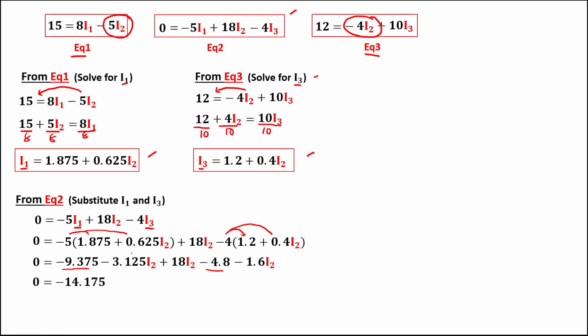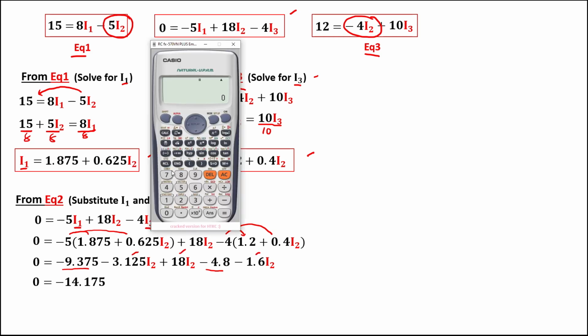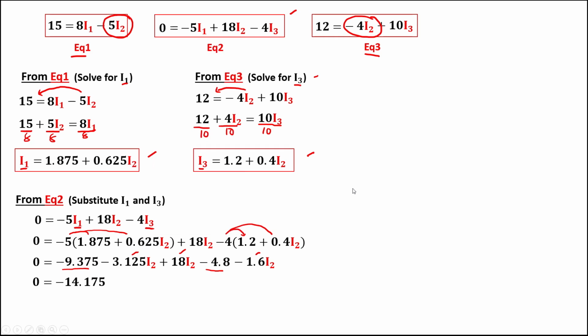Then for current 2, combine these three terms: negative 3.125, plus 18, minus 1.6. So this is positive 13.275 times current 2.